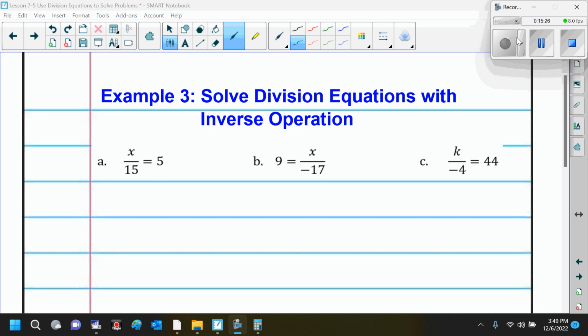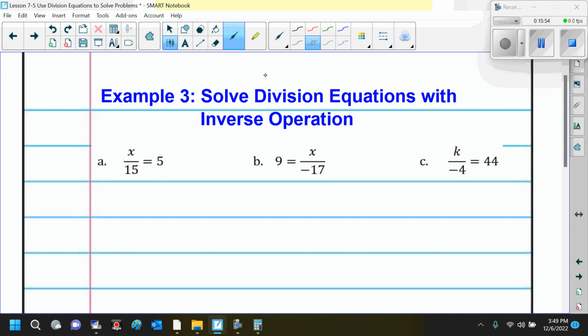All right, so for example 3, now this is no diagrams, no word problems, this is just straight problems. So these are all division equations. You need to make sure you're keeping an eye on your sides. So here for letter A, we've got x divided by 15 equals 5. So when I use my cover-up, I'm covering up the x. That means I want to get rid of that 15.